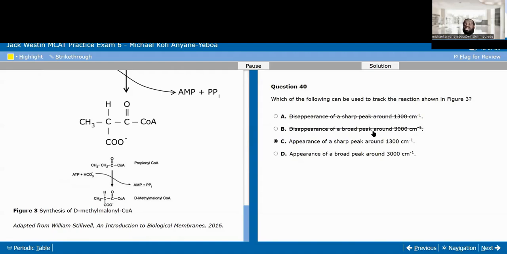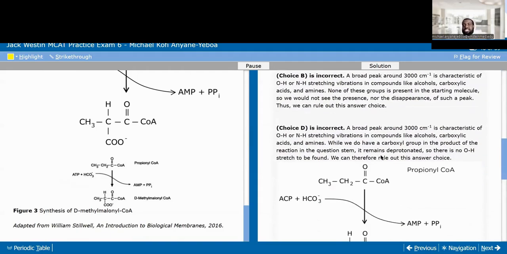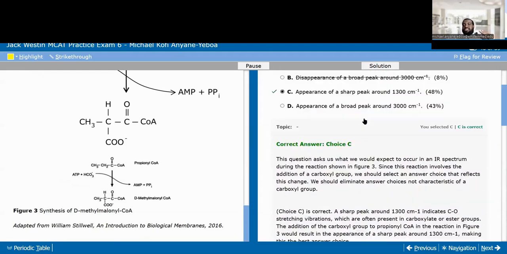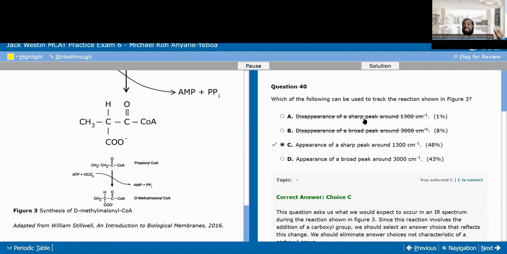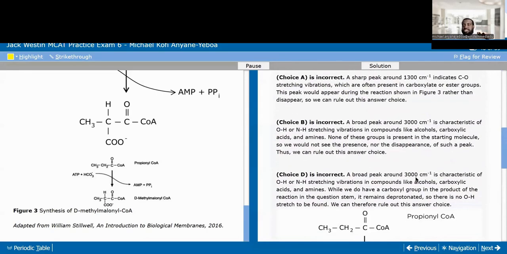I'm just going to choose C, not because I know the answer, but I want to review the answer. I didn't know this answer. But this is more of a memorization thing than a conceptual thing. You have to memorize the numbers of the different functional groups, right? The peaks, where they appear, right? Okay, so let's see.